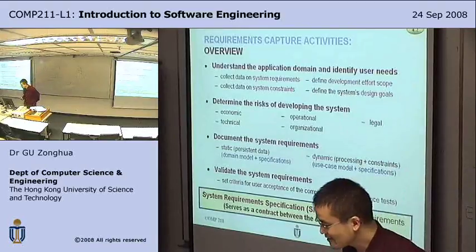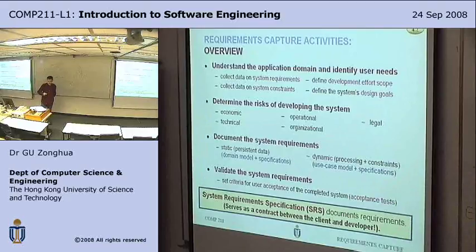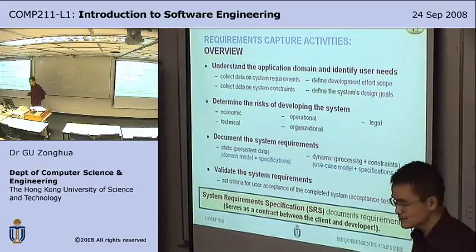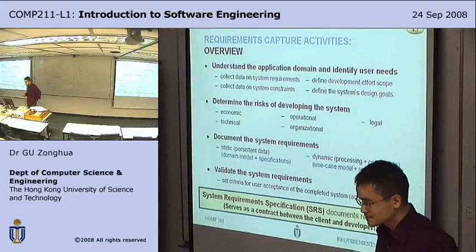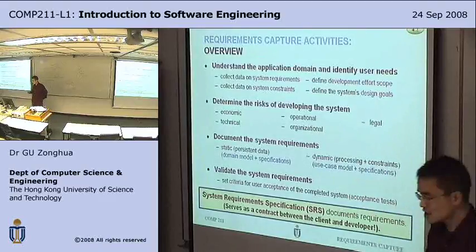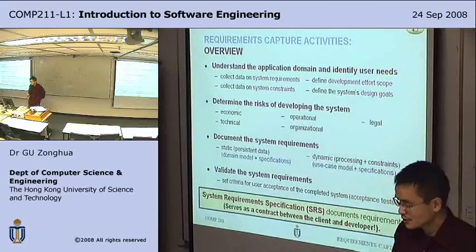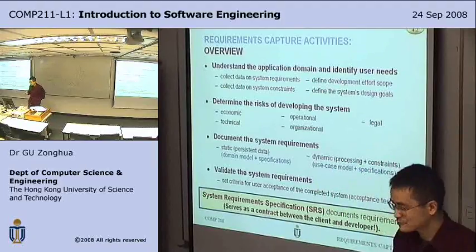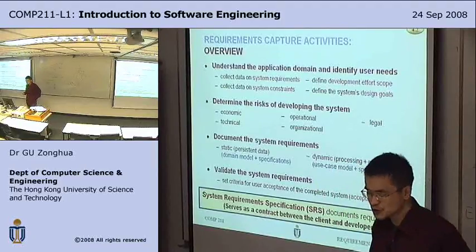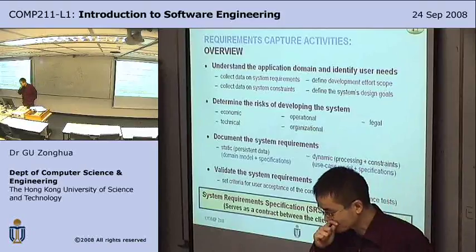Define the development effort scope: what should be developed and what should not be part of the project. And define the system design goals. As we mentioned earlier, different systems have different goals: reliability, dependability, time to market, etc. So you need to choose and prioritize among the different goals for different projects.